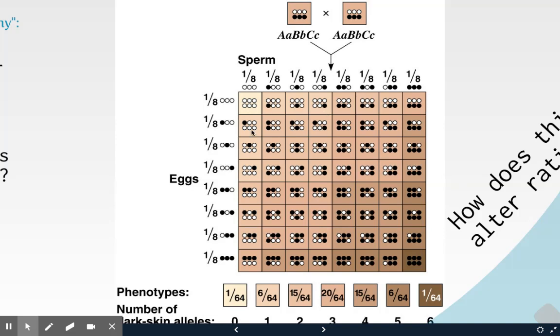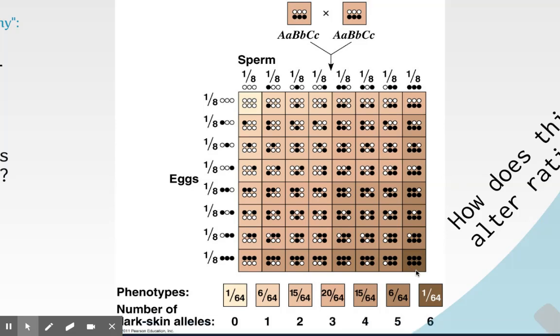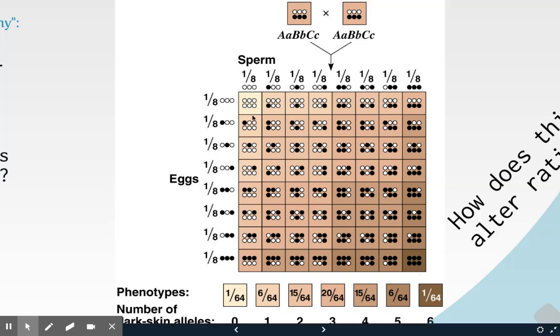You can see all these with one dominant allele are slightly darker, and with two dominant alleles, slightly darker, three dominant alleles, slightly darker, until you get completely dominant alleles, which would be our darkest skin tone. The same thing would apply for height. If you take two people that are average height, they could have an offspring that is very, very short or an offspring that is very, very tall.